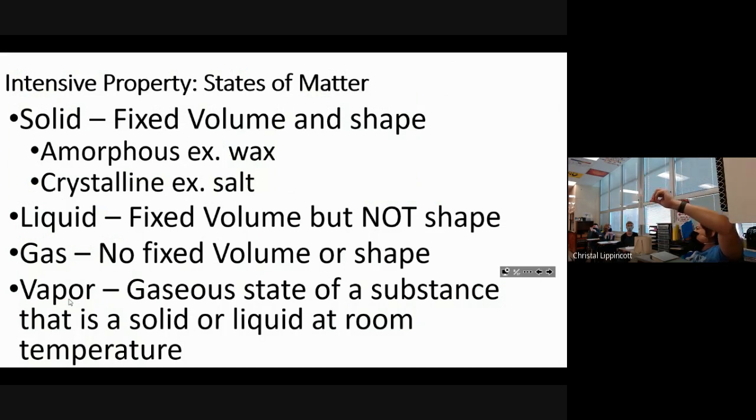But if we had gasoline, which is normally a liquid at room temperature, what's going to be contained in the top part of your gas tank and your gas can is going to be a vapor. We're going to come back to that later this year when we talk about vapor pressure, and things that are vapors.